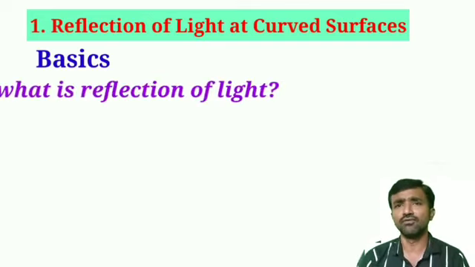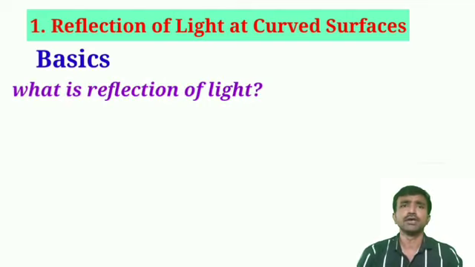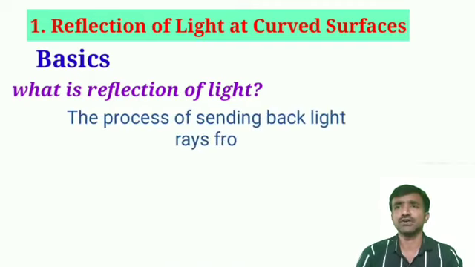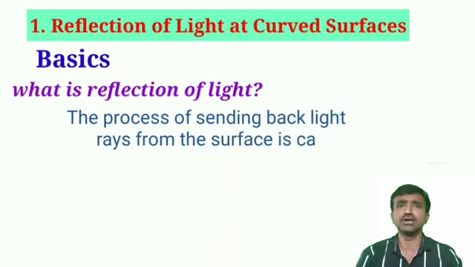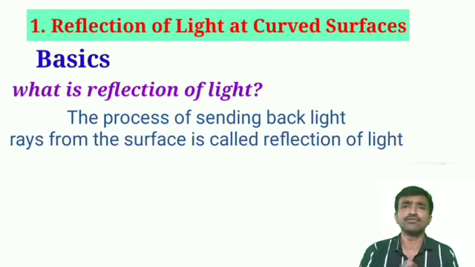Then what is reflection of light? Reflection of light is defined as the process of sending back the light rays which fall on the surface of an object. Simply, if any light ray falls on a surface, it bounces back.